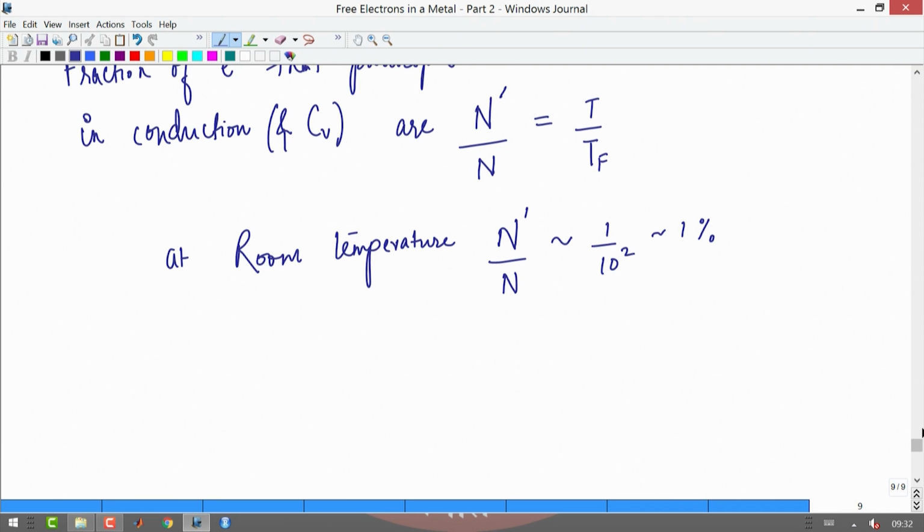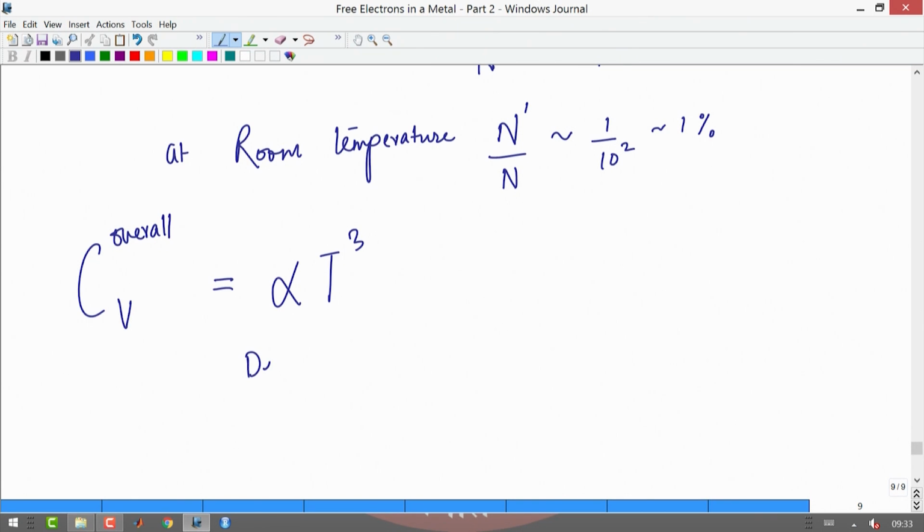This now brings us to the final picture that we were chasing from the beginning, that I am now in a position to write down the overall heat capacity of a solid at low temperatures. So, I know that there is a term which comes from the lattice vibrations, and that is proportional to T cube. So, this was the Debye contribution.